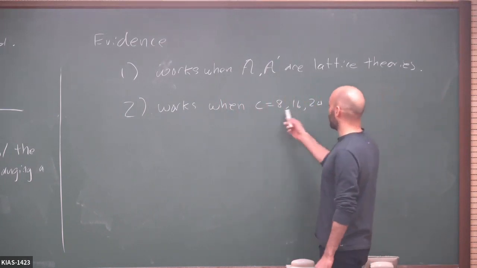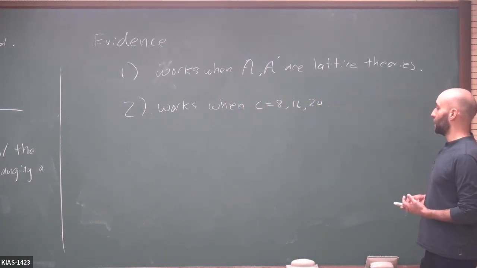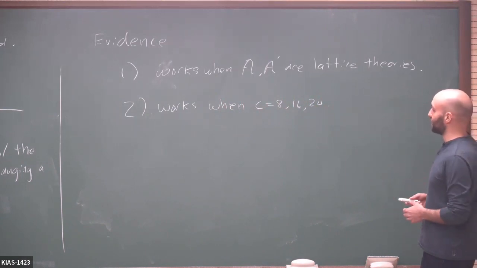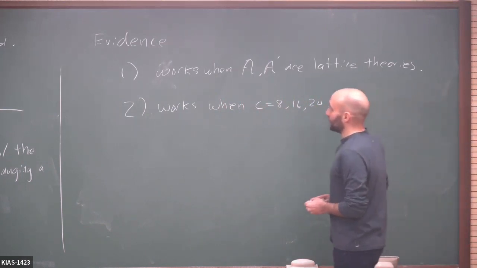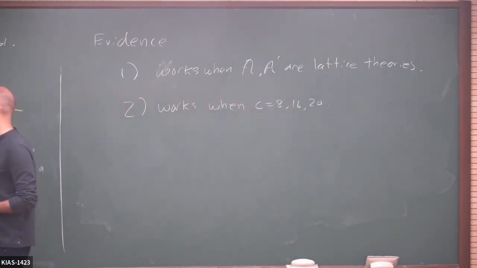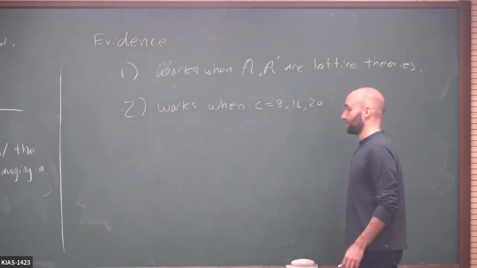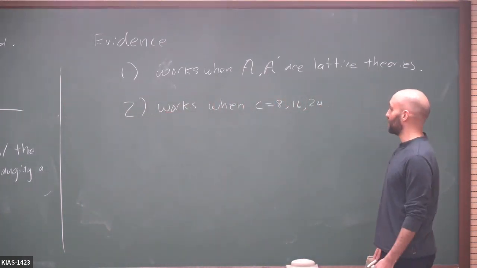Any two theories in this range of central charge are related to each other by orbifolding and generalized symmetry. This would be, I think, maybe the most interesting thing to prove, but of course it's also the most difficult.